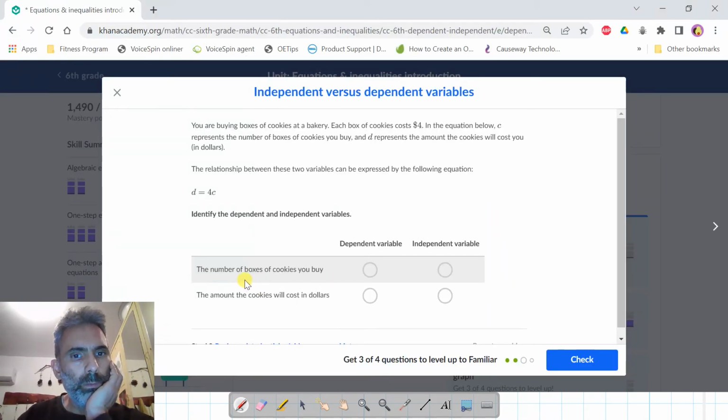So the number of boxes of cookies you buy is the independent variable, and the amount the cookies will cost in dollars is the dependent variable, because the amount the cookies will cost is dependent upon the number of boxes of cookies you buy.